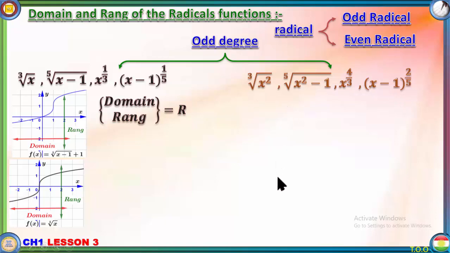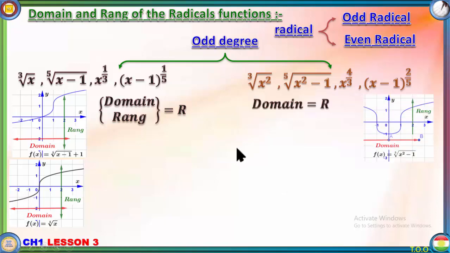For this kind, the domain is real numbers. Remaining is the range of this kind of radical function. Take x squared equal to 0, then it is 0. Because when we replace x squared with 0, its result is 0.